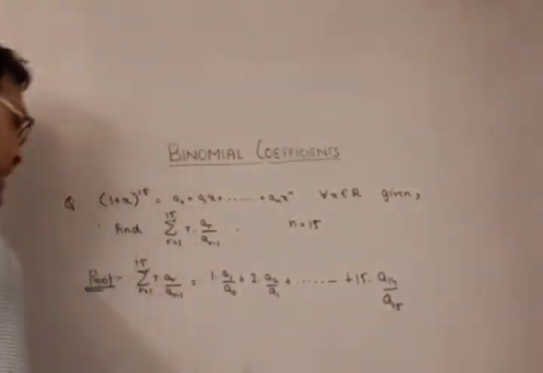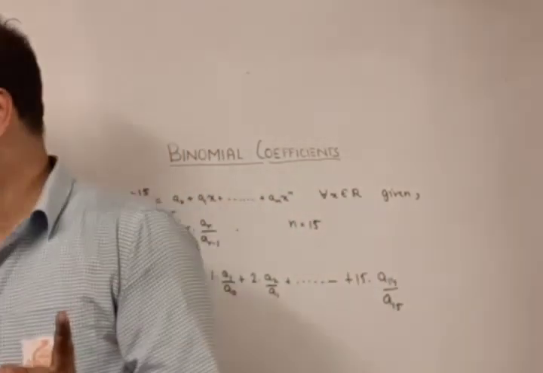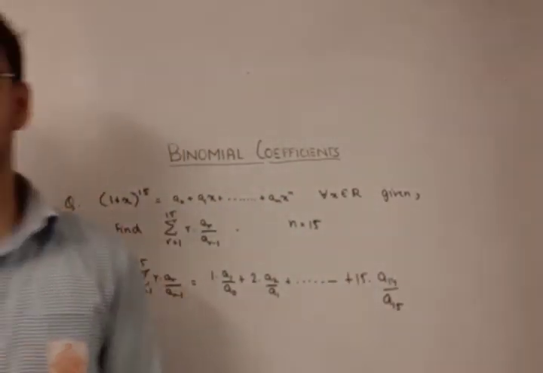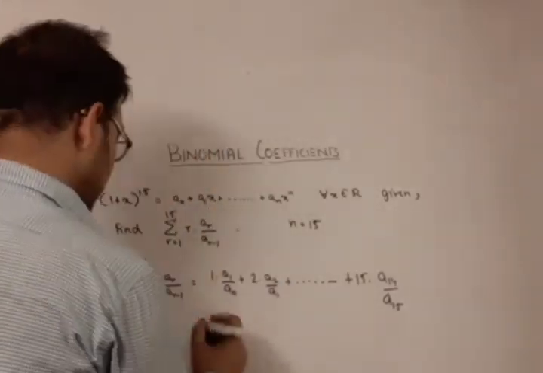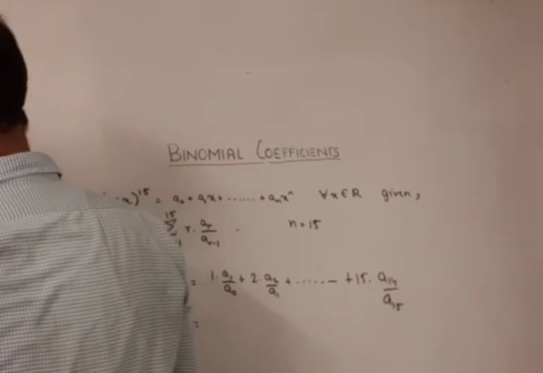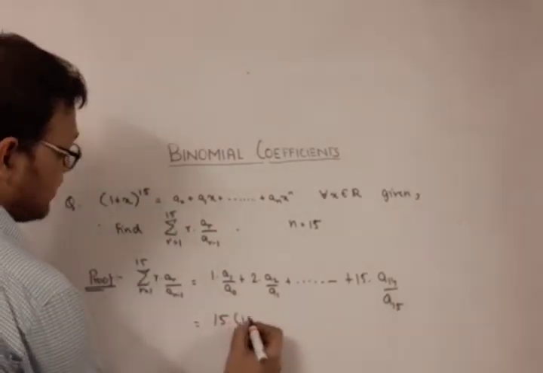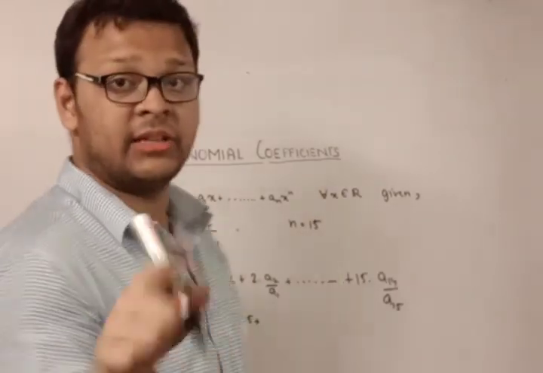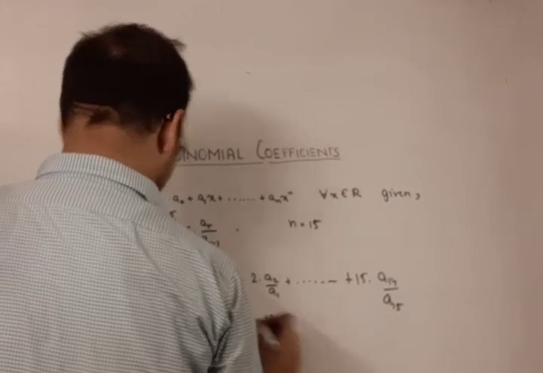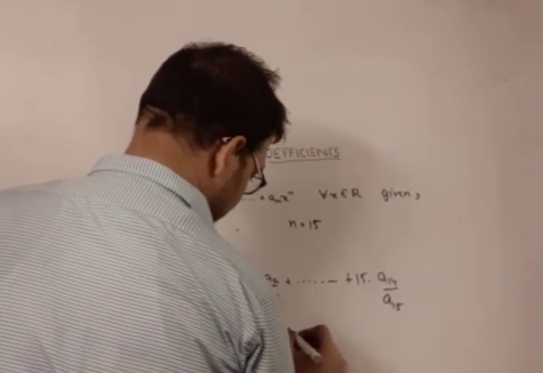So as I said, the intuition is important, and here the intuition directly tells us to use the fourth property that we did, that is 1 into C1 by C0, 2 into C2 by C1. So as we have learned from the fourth property, this is a direct application, which is n into (n plus 1) by 2. So you can just substitute into the fourth property and you get it. So 15 into (15 plus 1) by 2.